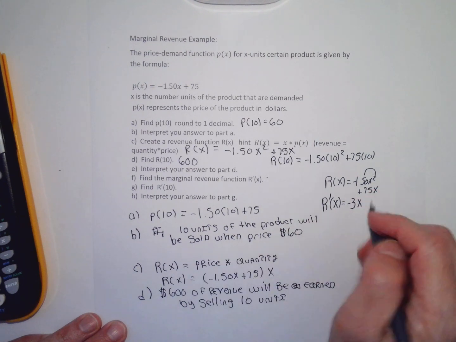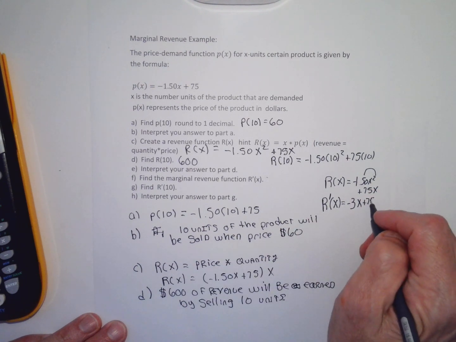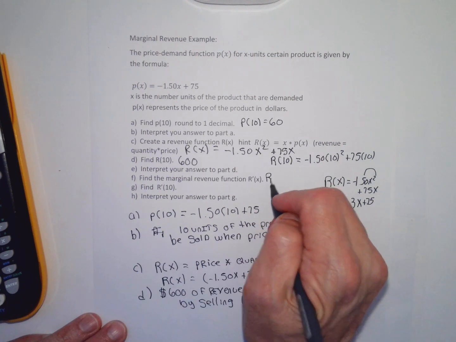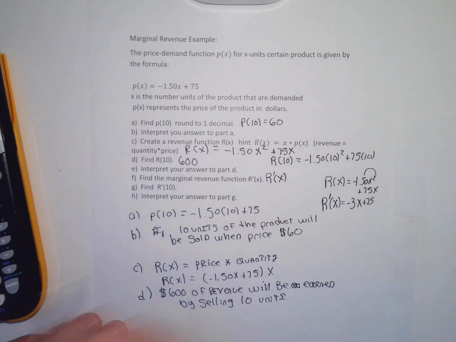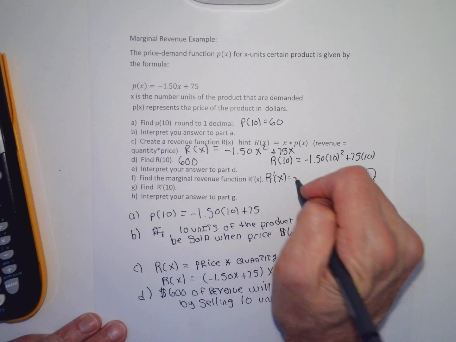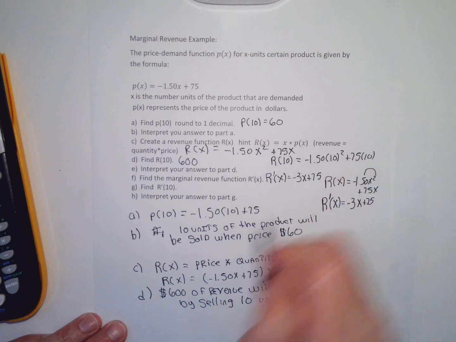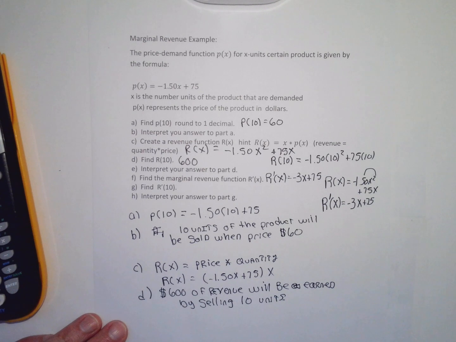The derivative of 75x is just 75. So this is the marginal revenue function. The answer to part F, the marginal revenue function, is negative 3x plus 75. I'm trying to make the numbers really easy to work with, which maybe doesn't really fit with reality, but we need good numbers.